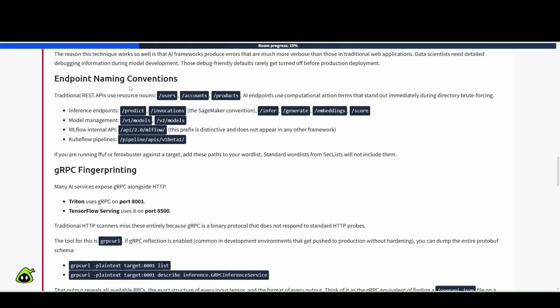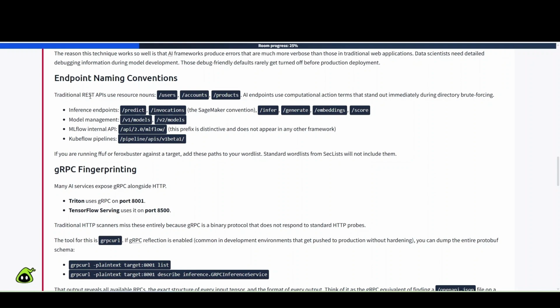Endpoint naming conventions. Traditional REST APIs use resource nouns: users, accounts, products. AI endpoints use computational action terms that stand out immediately during directory brute forcing. Inference endpoints: /predict, /invocations (the SageMaker convention), /infer, /generate, /embedding, /score. Model management: /v1/models, /v2/models. MLflow: /ajax-api/2.0/mlflow.